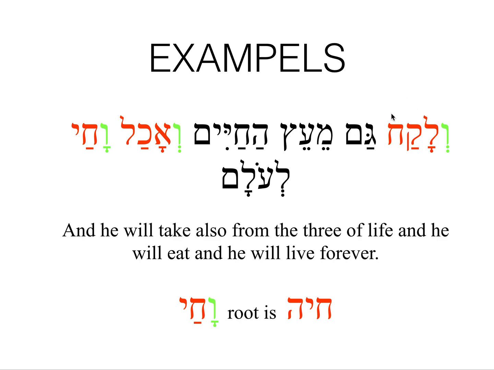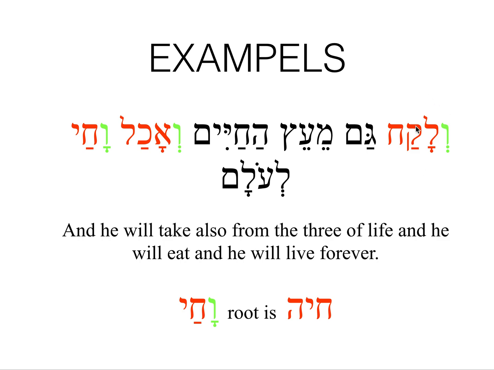We have the three root letters, lakach, achal, and chaya. They mean to take, to eat, and to live. We have vav conjunctions on all of them. If they have no ending, that is third masculine singular, and they're all kals, perfect. So here's the translation.